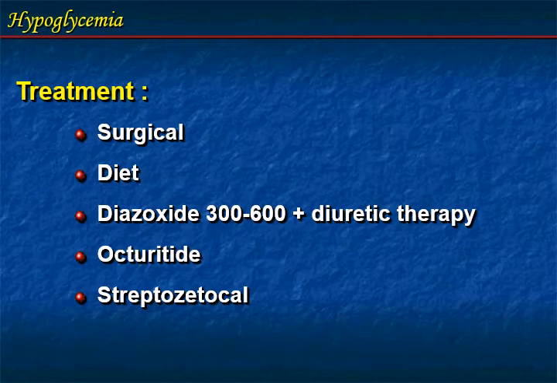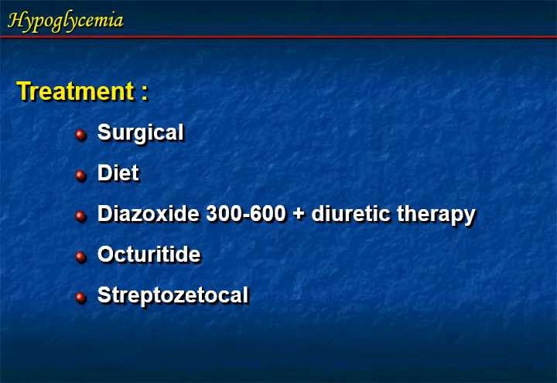There are two other medications, such as the diazoxide and the streptozocin, which destroys the beta cell, which are no more used for the treatment of insulinoma. Octreotide is a very important mainstay drug.